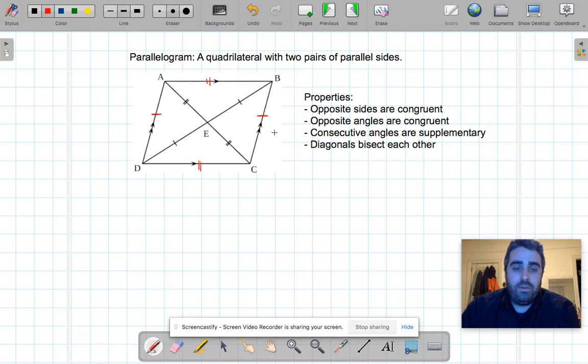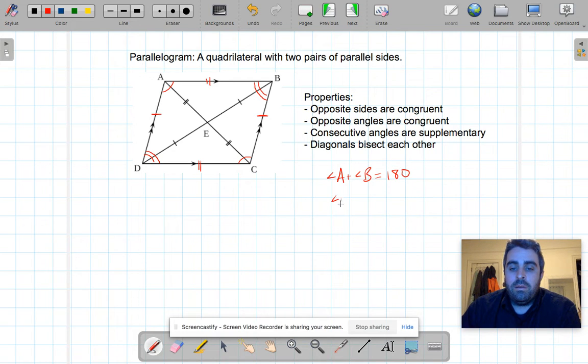Opposite angles are also congruent. So therefore we can say that angle A is congruent to angle C, and angle D is congruent to angle B. Also, consecutive angles are supplementary, meaning angle A and angle B equal 180.